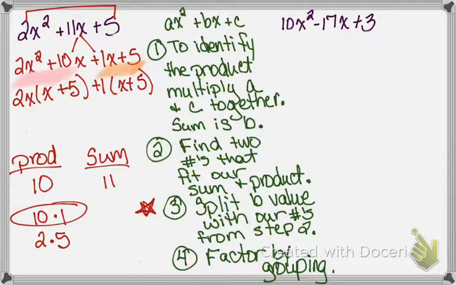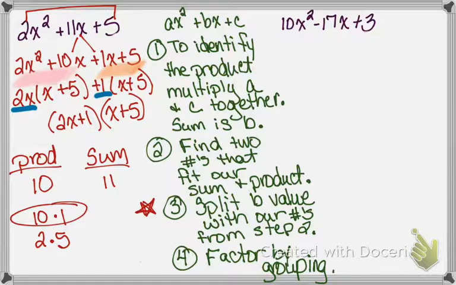Okay? Now, x plus 5 is one of our factors. How do I get my other factor? 2x and 1. Okay? And we talked about that on Monday. So my final answer here is 2x plus 1 and x plus 5. That's my final answer right there.